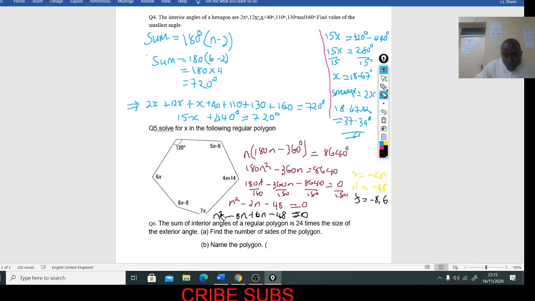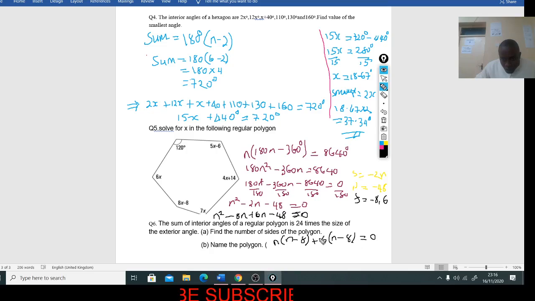We shall have n being common, n into n minus 8, plus 6 common into n minus 8, which is equal to 0.